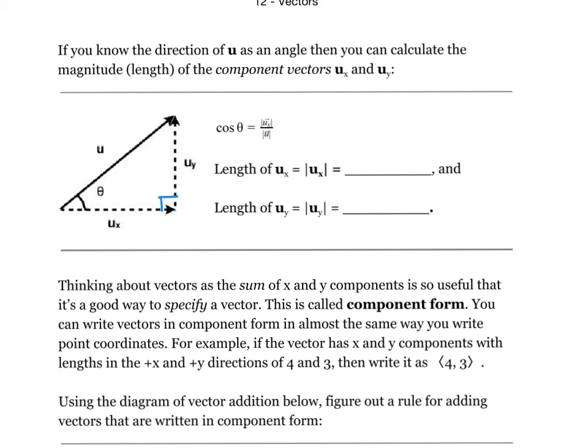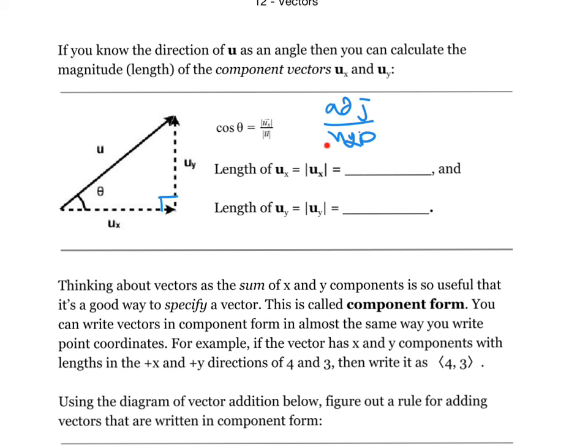Now, we know from SOHCAHTOA that the cosine of that angle theta would be adjacent over hypotenuse. And in this particular case, the adjacent side length is the magnitude of component vector ux. So here's ux, and here we're saying the magnitude of that, that means the length of that vector.